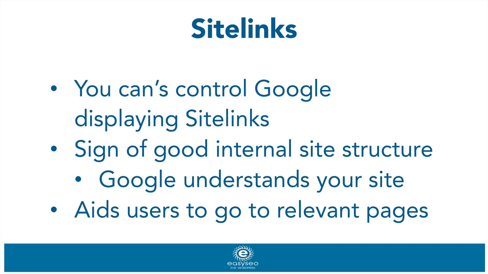This isn't something that you can overtly control, but you need to do the work to make sure that you give yourself every opportunity to have site links. So it's important for you to have that structure we talked about before and all the internal linking, and make it very easy for the Google crawlers to get through your site. And if you do, then you get this sort of bonus of having site links in your search results.